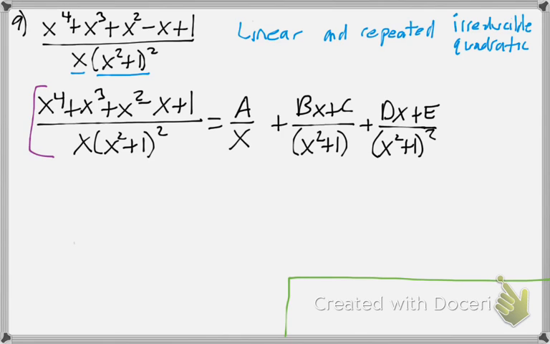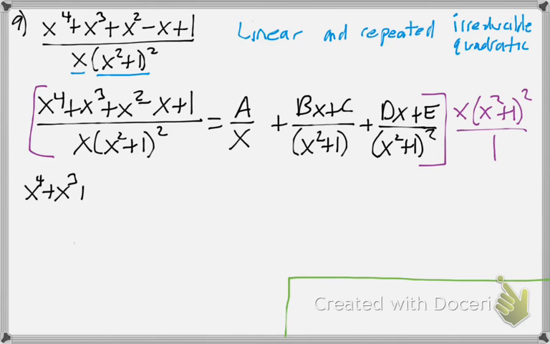I want to multiply the entire thing by x and x squared plus 1 squared. And if we do that, it should be x to the 4th plus x cubed plus x squared minus x plus 1.